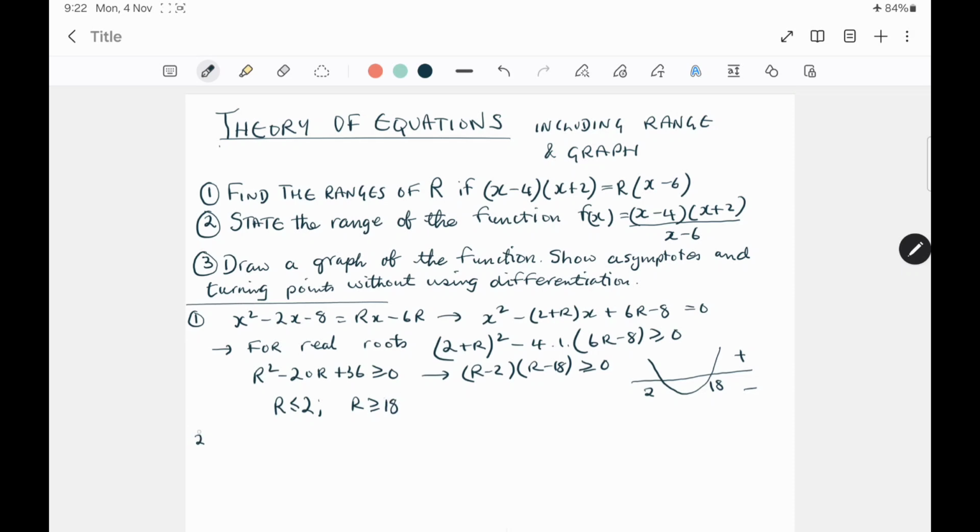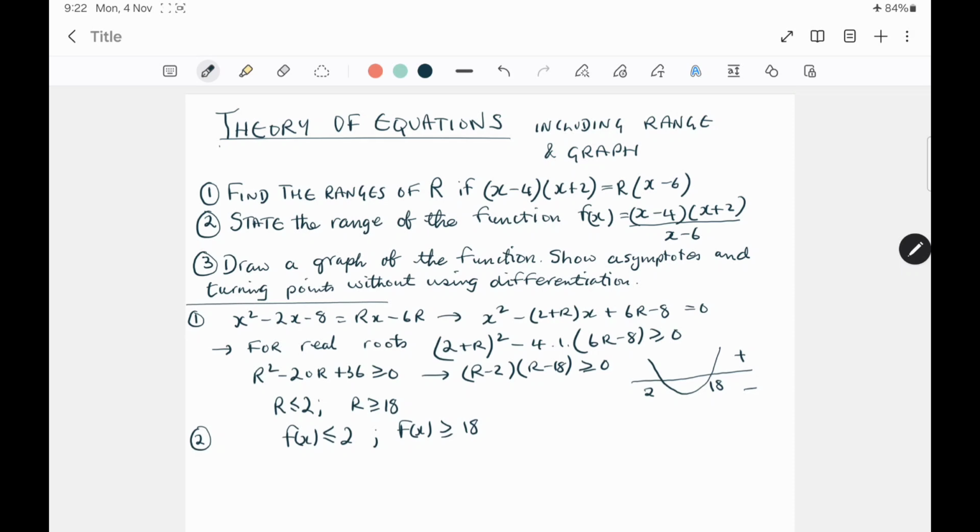That does the first part. Second part is simply writing down f(x) will be equal to or less than 2, and f(x) is equal to or greater than 18.